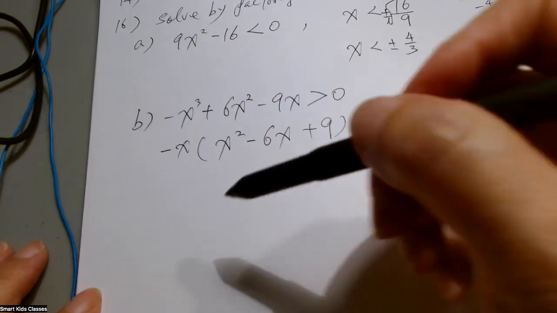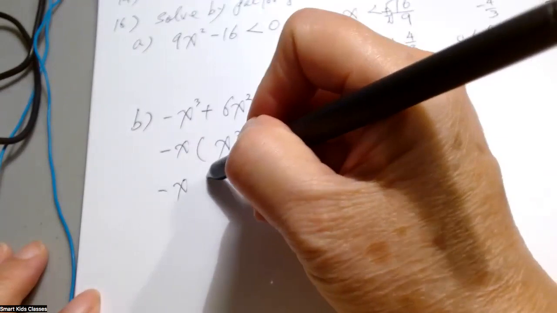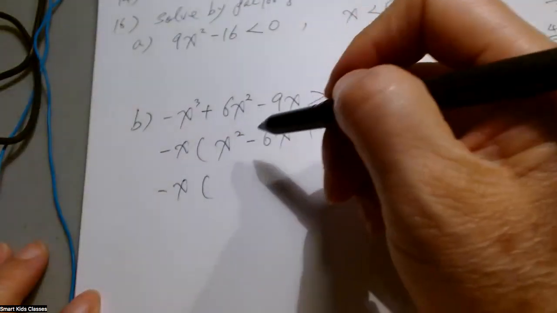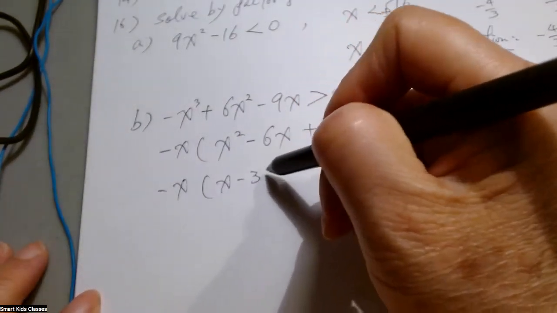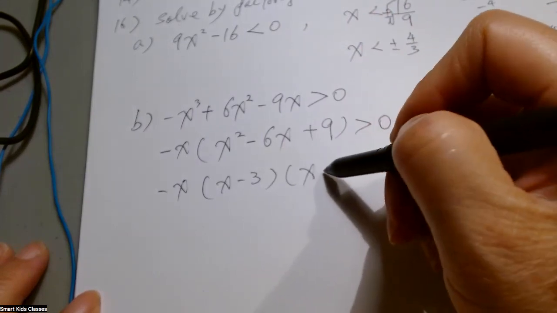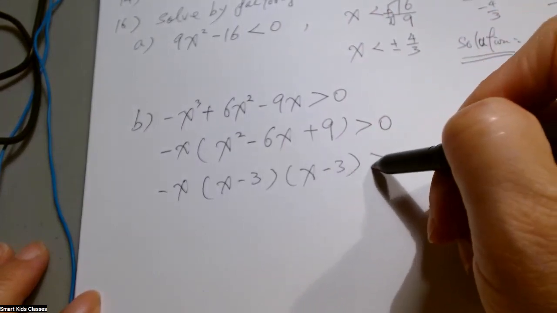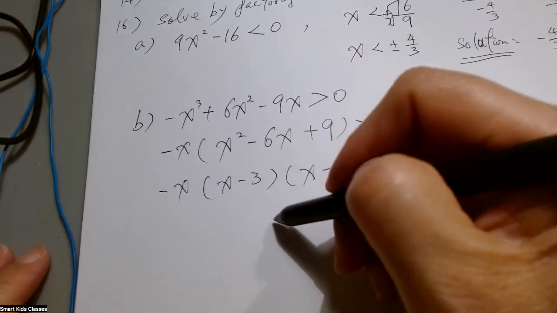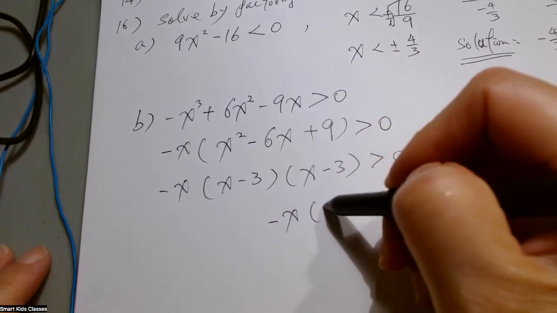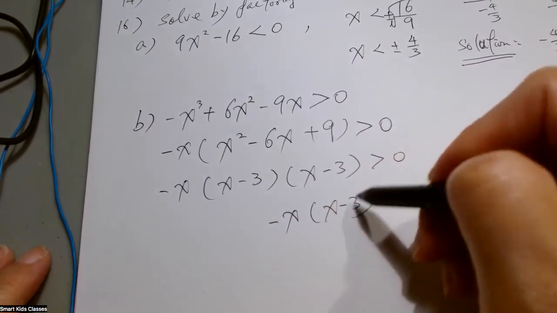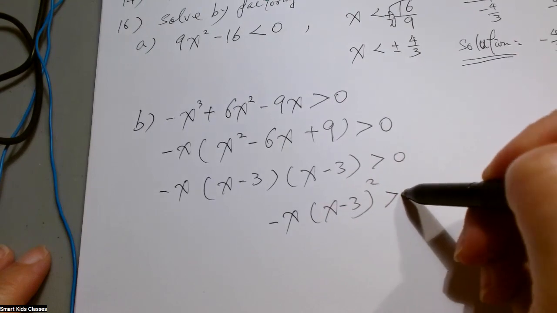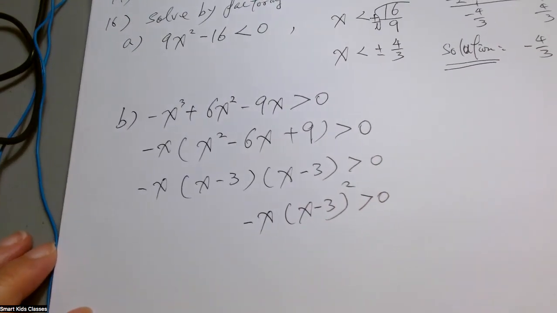So 3 times 3 is 9. So we're going to get a factor here will be x minus 3 times x minus 3, or -x times x minus 3 squared will be larger than 0.